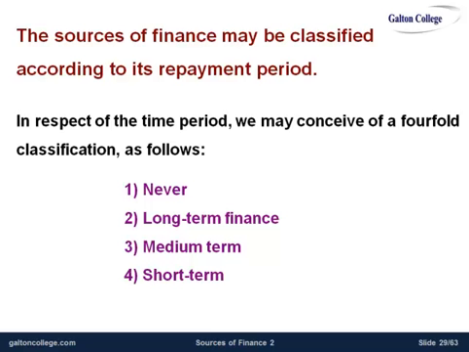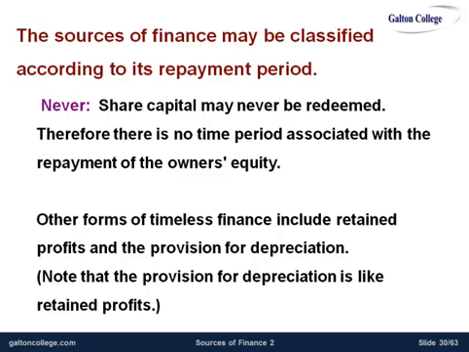Long-term finance, medium-term finance, and short-term finance. Well, the never one. Share capital may never be redeemed. If you put money into a business and buy ordinary shares, you may never get your money back. There's no time period associated with the repayment of owner's equity.